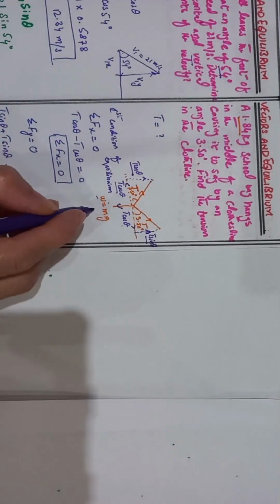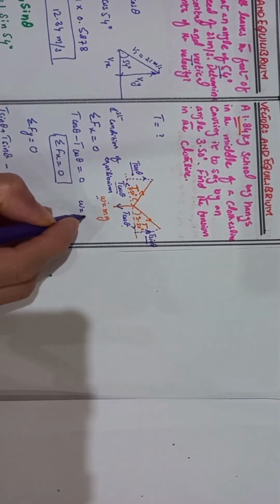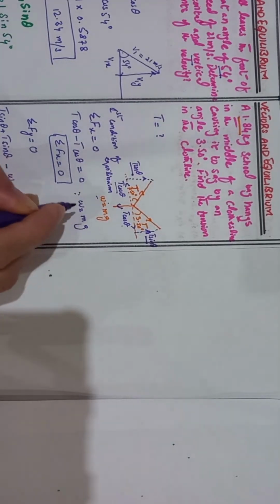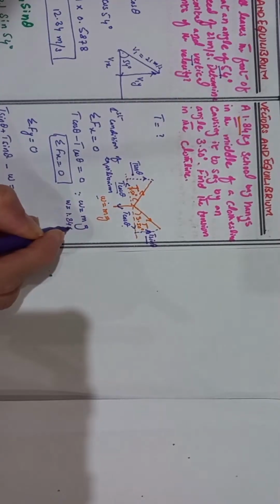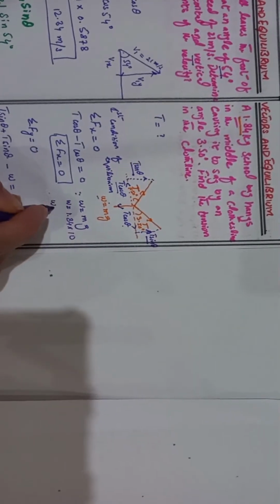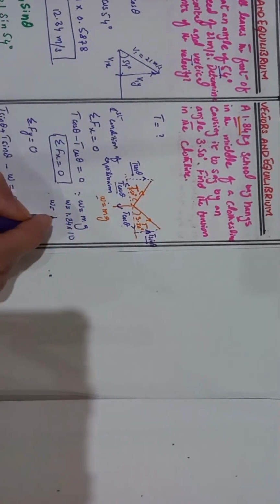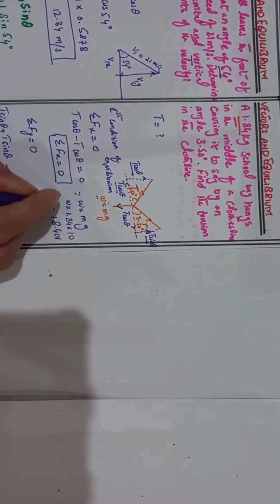Here we find the value of weight. Mass is given as 1.84 and gravity is 10. So weight is equal to 18.4 Newton.